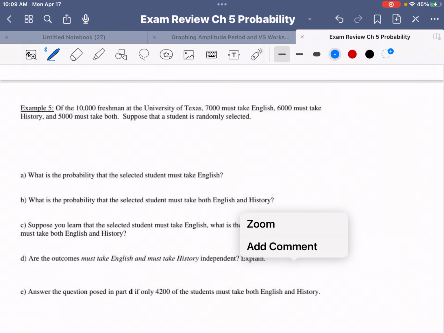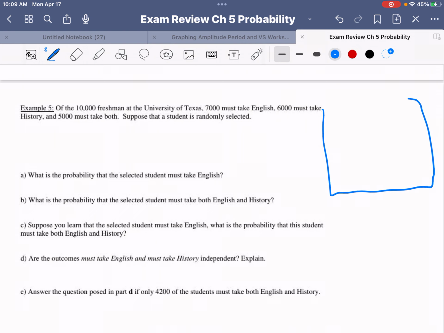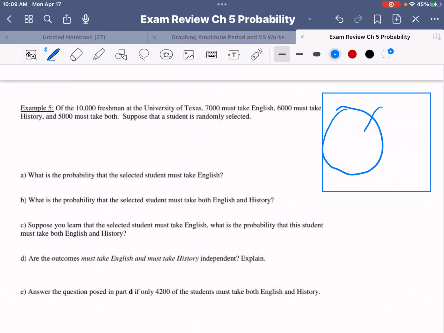Of the 10,000 freshmen at the University of Texas, 7,000 must take English, 6,000 must take history, and 5,000 must take both. Sounds like a Venn diagram to me. We have English and history, and it says 5,000 must take both.